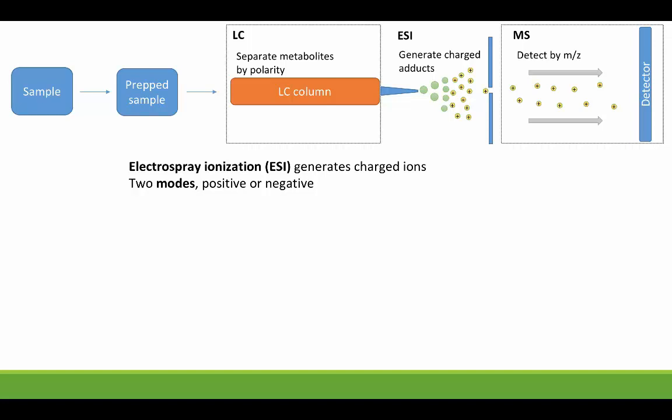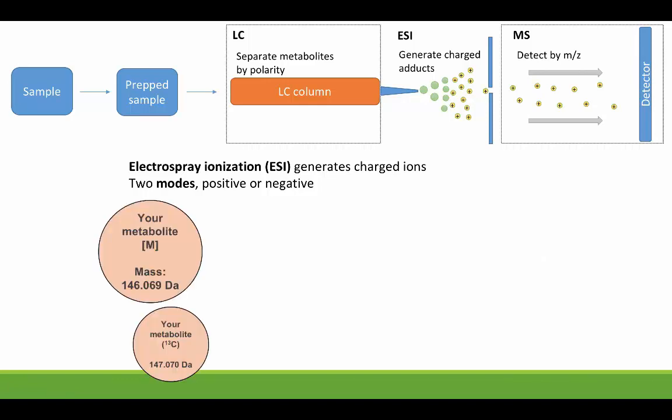It's important to note that metabolites that aren't charged can't be detected by the mass spectrometer. So what electrospray ionization, or ESI, does is it generates charged ions from your metabolites. For example, take a metabolite with a mass of 146.069. This metabolite plus an isotope of this metabolite may be present in your sample.